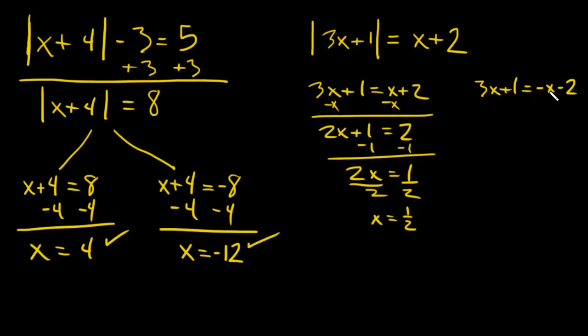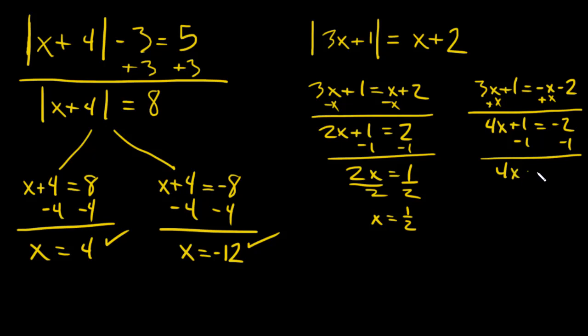Now I do the same thing over here, plus x, get 4x plus 1 equals negative 2, minus 1, 4x equals negative 3, divide by 4, x equals negative 3/4.